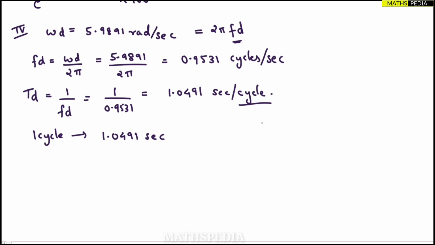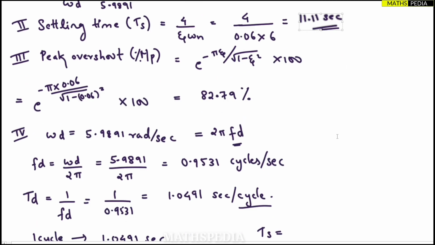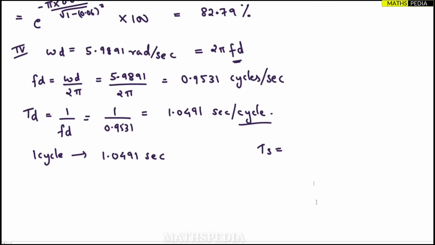Settling time we got as Ts is equal to 11.11 seconds, right? So for 11.11 seconds, how many cycles will be required? This is the question. One cycle takes this much time, so for 11.11 seconds, how much time will it take?